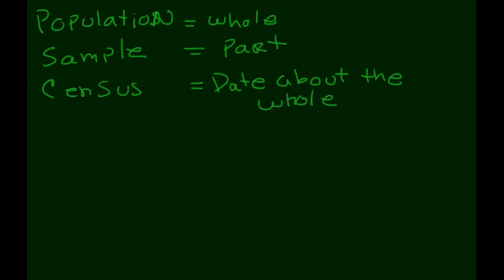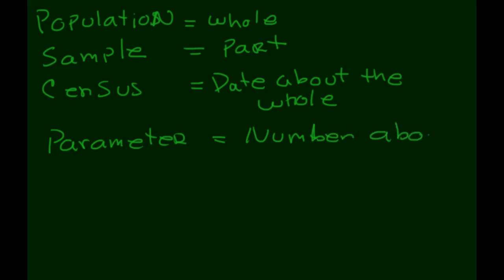We have, so if I take data about a population, that's a census. If I have a parameter, that's a little more specific. This is a numerical, so it's like a number about the whole, right?